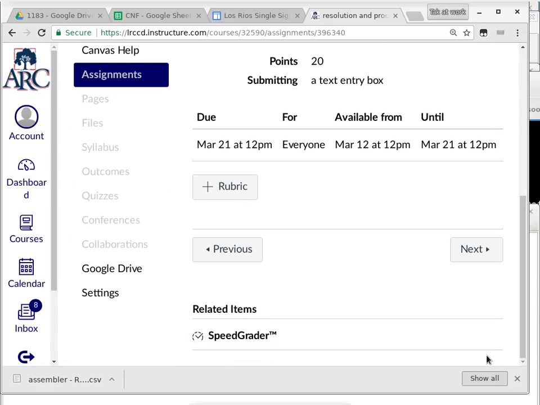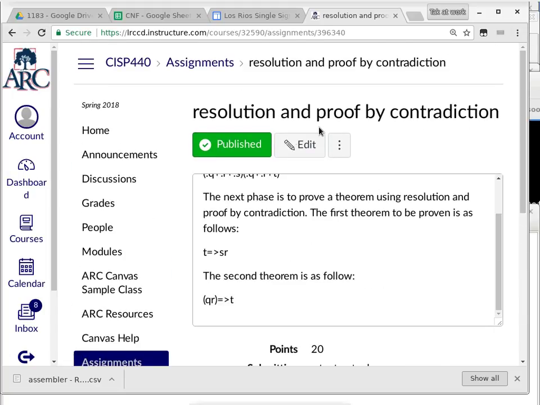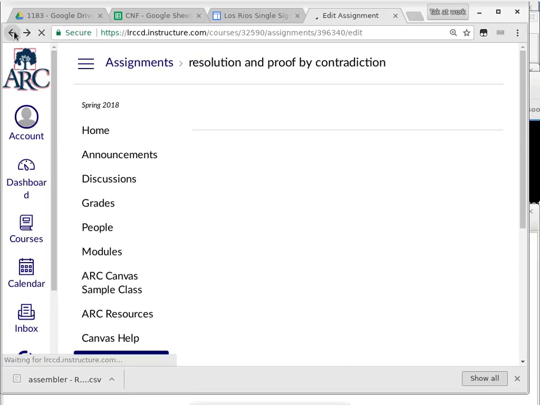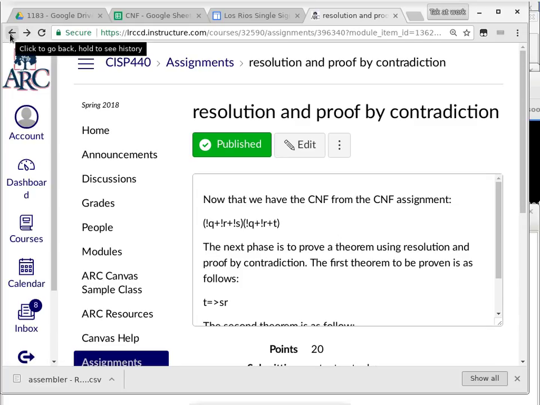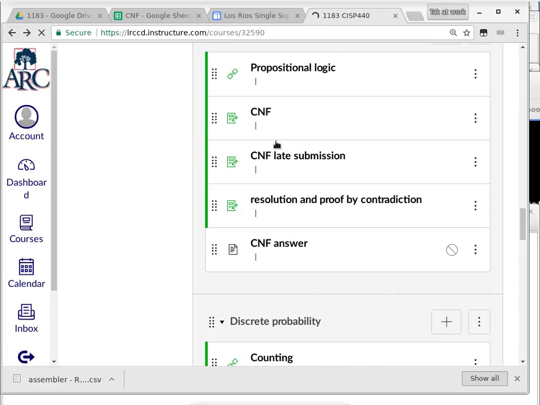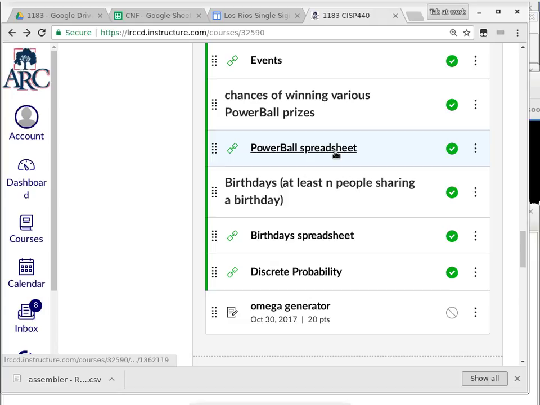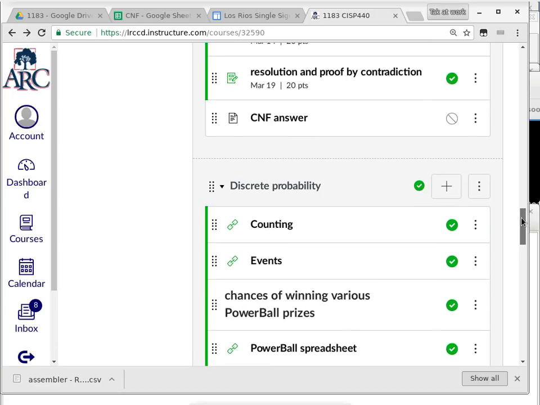Alright, so if there are no questions about this, I'm just going to save it. Okay, it's already published, so it's all good. And we can just go back. Alright. But when the rain lets up a little bit, I will start to talk about counting and events and stuff like that.